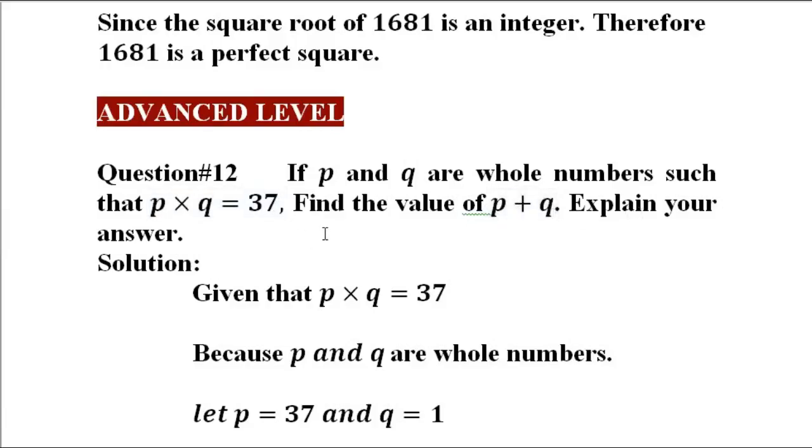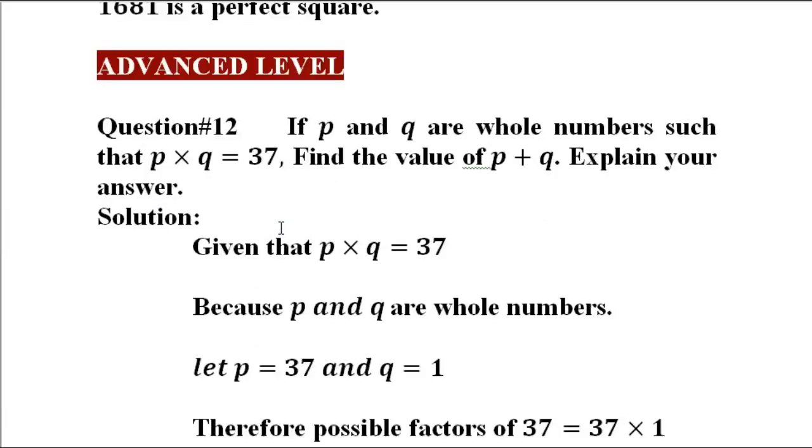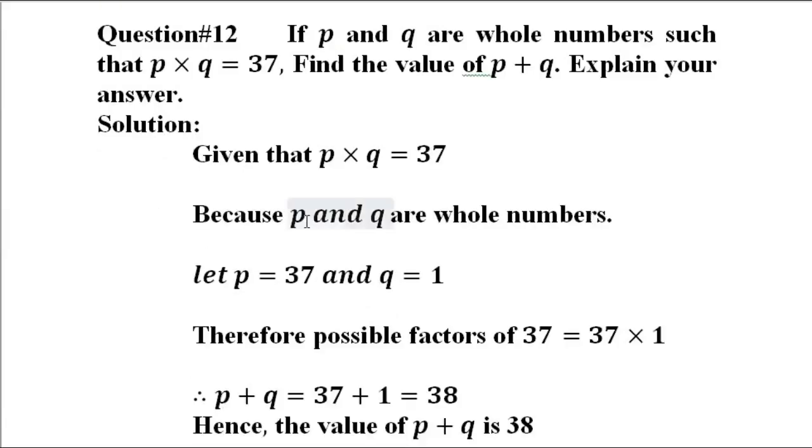Explain your answer. Now it is stated that p and q are whole numbers and 37 is a prime number. Therefore, the possible factors of 37 are 1 and 37. Then their product p times q is equal to 37 times 1, which is equal to 37, which satisfies the given condition.